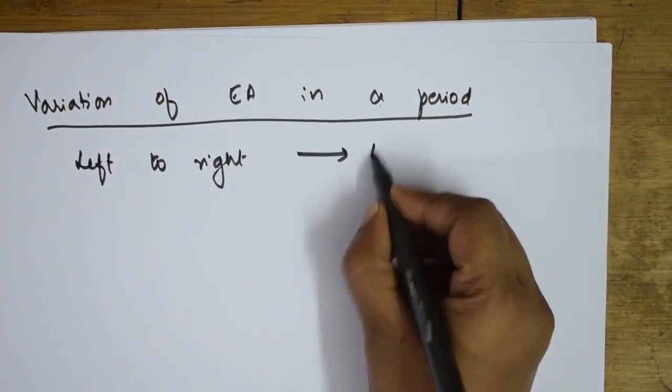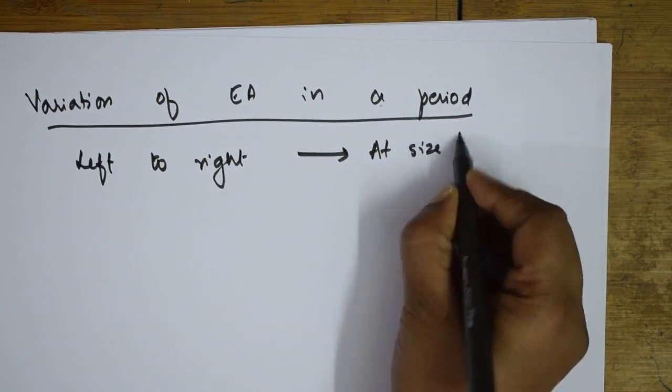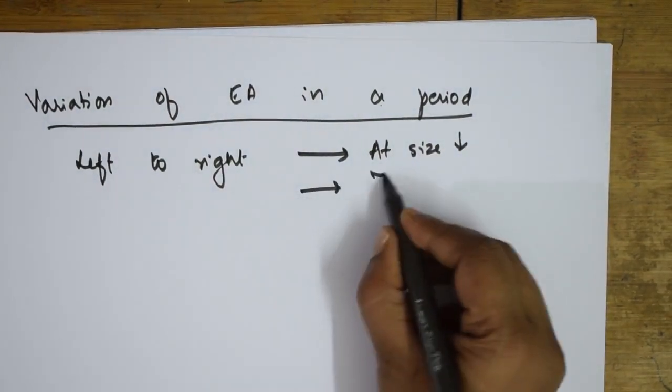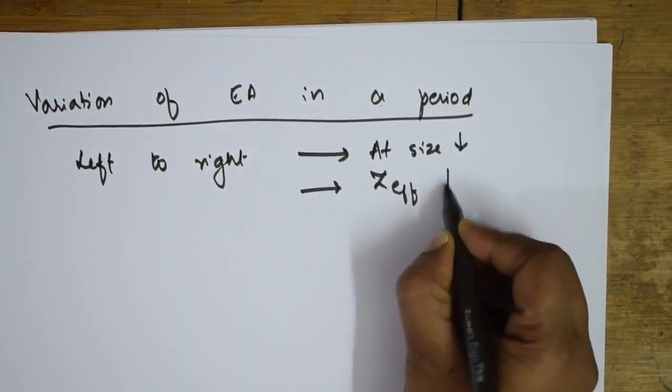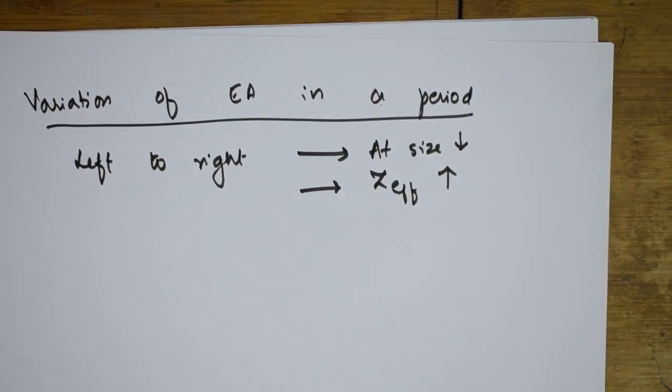So in a period from left to right, first concept, atomic size decreases. When atomic size decreases, Z effective increases, isn't it? Then that means the nuclear pull increases. So what is the trend?